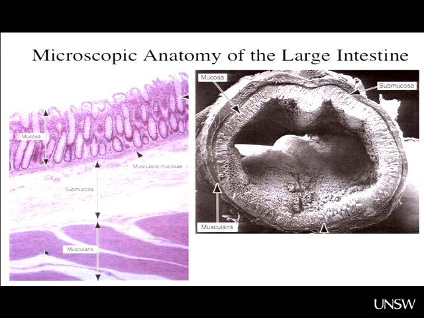So it does not have any villi on the mucosal surface. Instead, you've got these intestinal glands, quite a lot of them, and the intestinal glands, of course, are richly supplied with mucus-secreting cells. So you want to add mucus to the stool, so that makes the stool relatively soft, even as you're withdrawing the water from it.